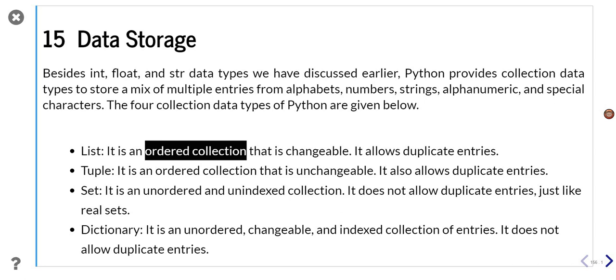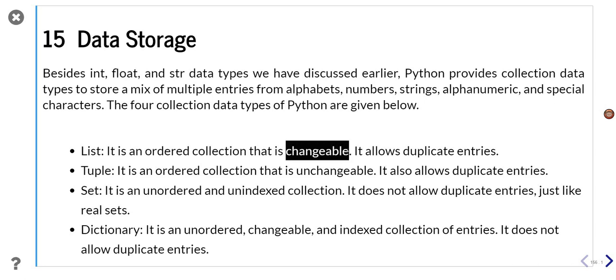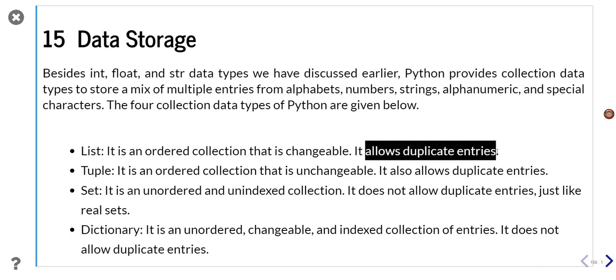And it is changeable, which means you can change the value at every index. If earlier at index 1 was the string apple, you can change it to orange, no problem. It also allows duplicate entries. In a list you can have banana, apple, orange, banana, no problem. That is a list.